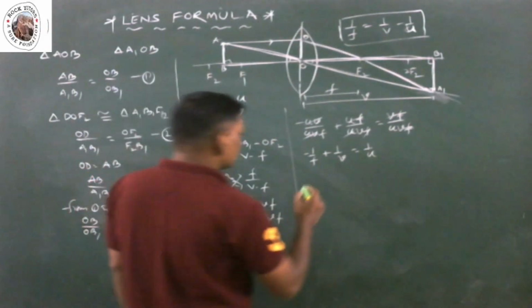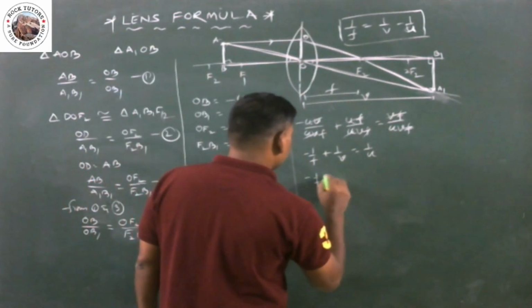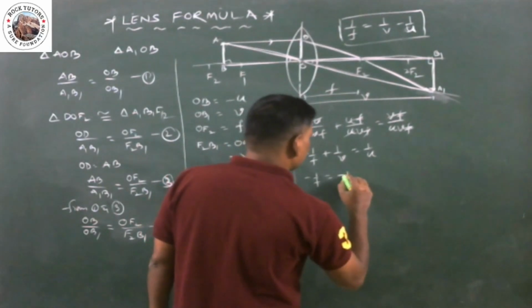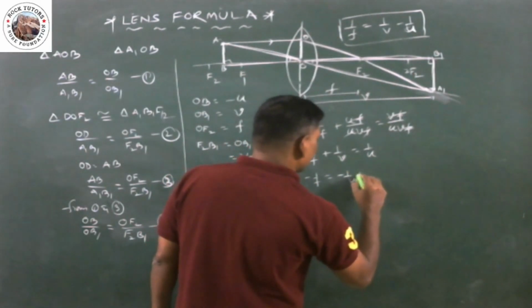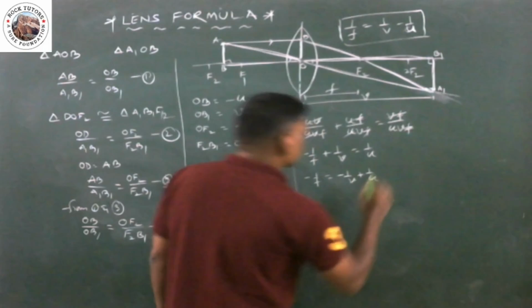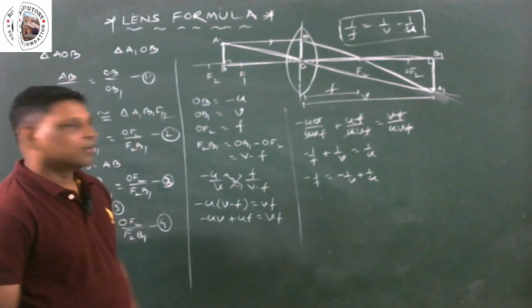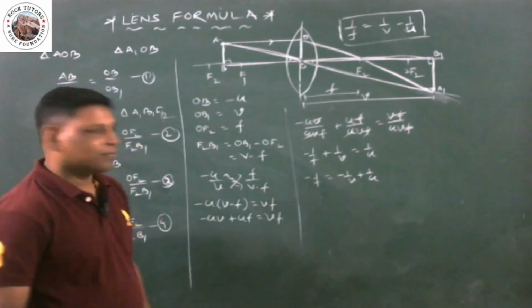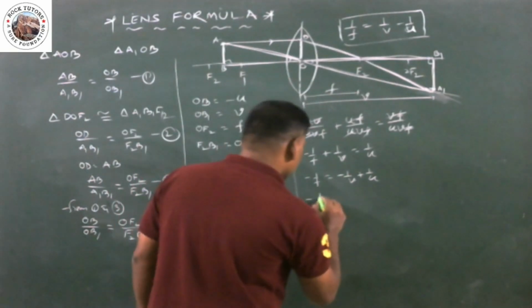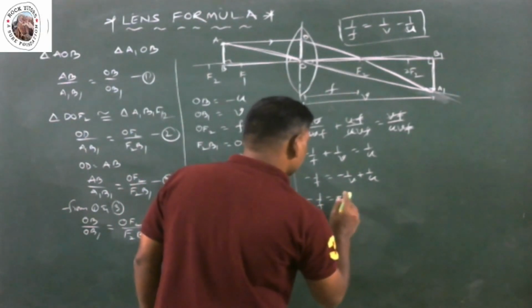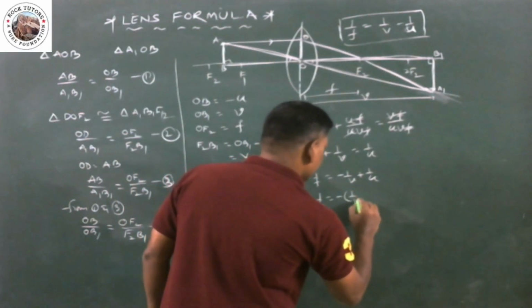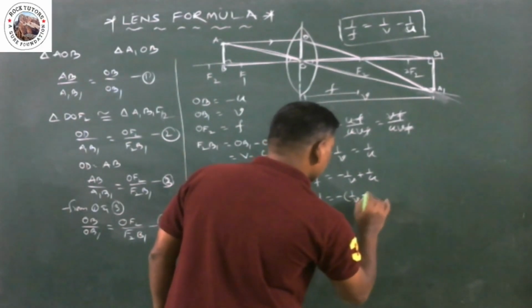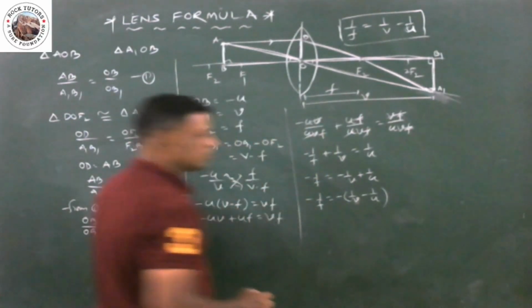Now it becomes minus 1 by f is equal to minus 1 by v plus 1 by u. Taking minus common, minus 1 by f is equal to minus 1 by v minus 1 by u.